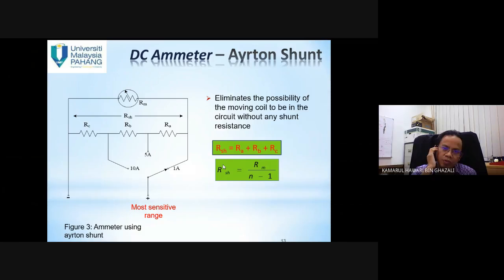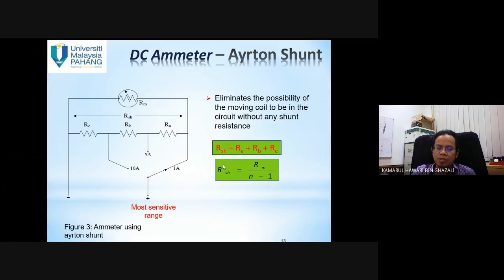To eliminate the possibility of the moving coil being in the circuit without any shunt resistance, we use what we call the Ayrton shunt. So this is the Ayrton shunt, a figure of an ammeter using Ayrton shunt.